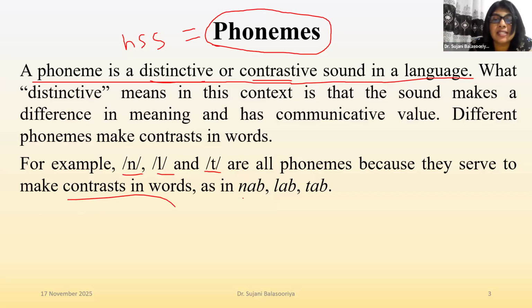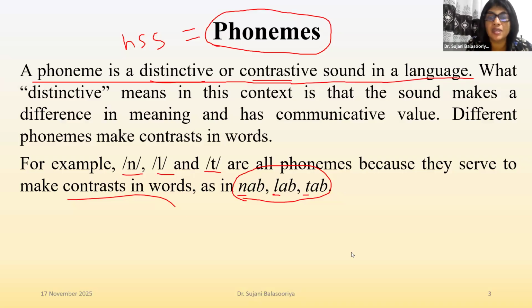Now look at this set. Here you have three words, and all three words have these three phonemes. The first word, nab, you have n. The second word is lab, you have l. The third word, tab, you have t. Now, other than the first sound, the rest of all three words is the same.